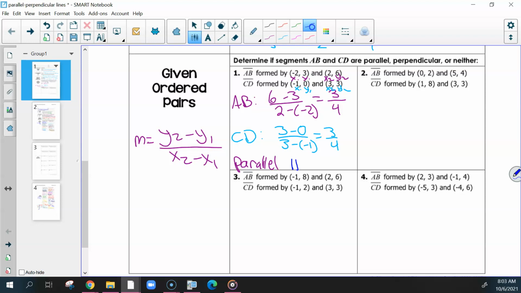Questions on how we did that, how we found that? Really, it's just finding your slope, looking at the slope.